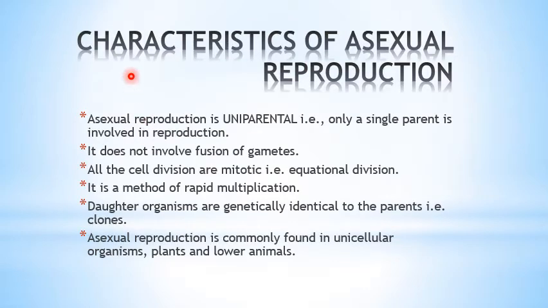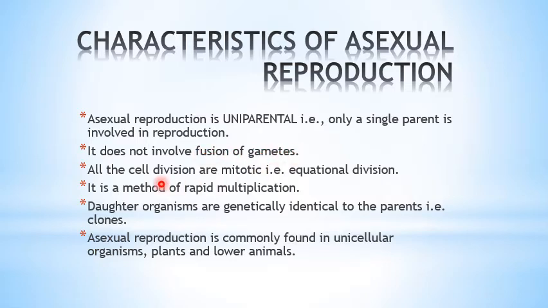The important characteristic features of asexual reproduction are: number one, asexual reproduction is uniparental. Uniparental means only a single parent is involved. It does not involve formation as well as fusion of gametes.